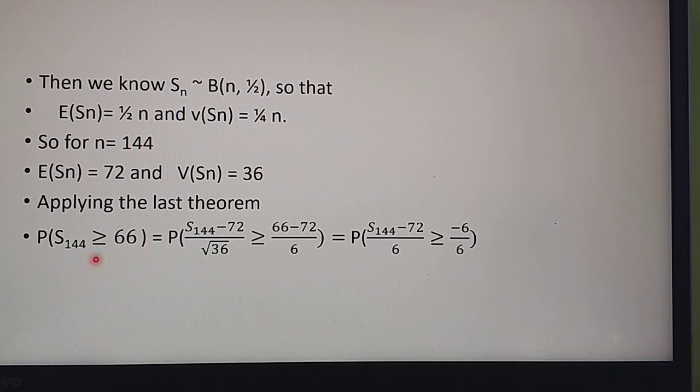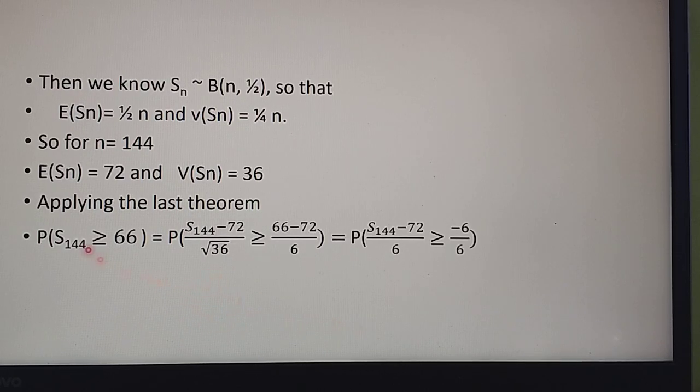The question in the problem is, out of 144 throws, E will appear at least 66 times. So E appearing is a success, and you count the number of successes. So S144, that is Sn with n equal to 144, is greater than or equal to 66, because we defined Xn equal to 1 if E appears and 0 if E complement appears.